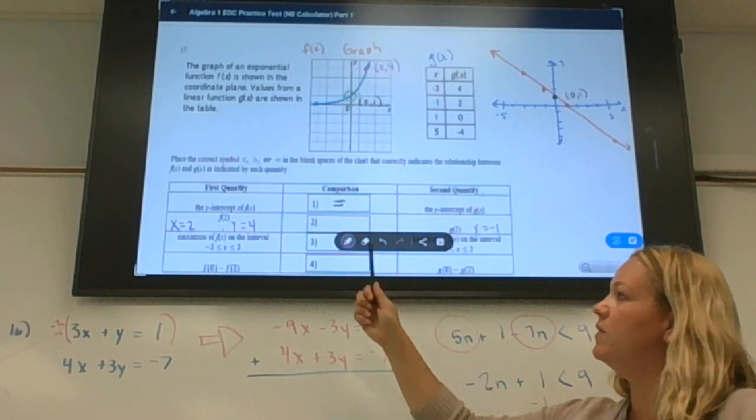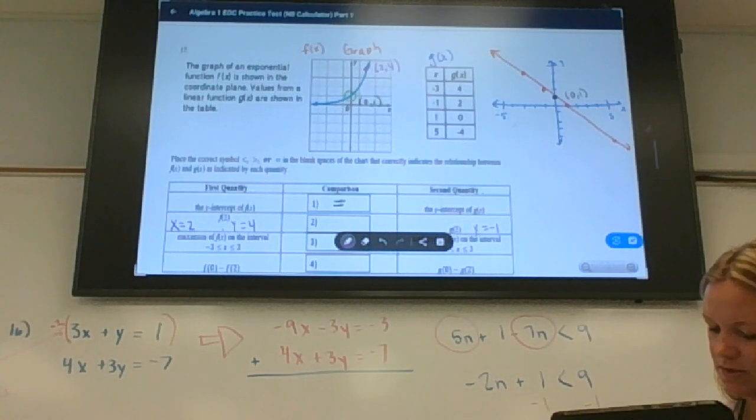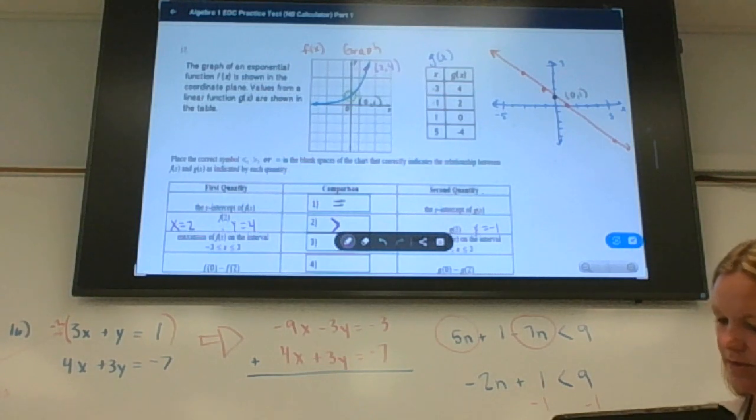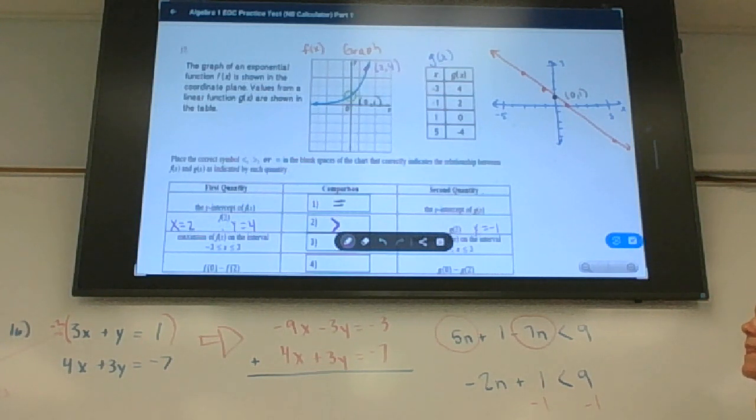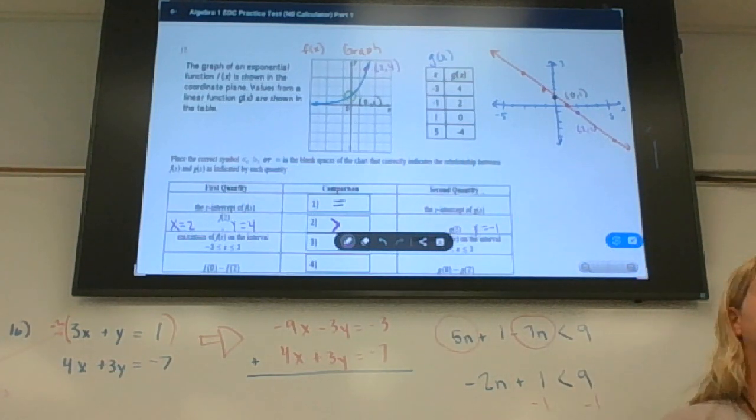So for this one, the y value on the left is greater than the y value on the right. Here we're at 2, -1, and 2, 4. So 4 is greater than -1.